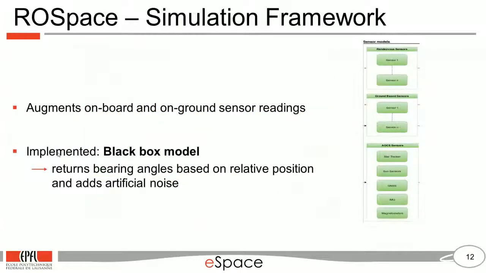Typically for us, the sensor models should be elements that simulate an existing sensor, be it, for instance, a camera, or ground sensors, and provide this information further to the algorithms that we develop.